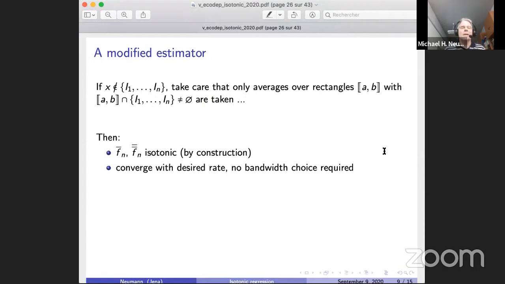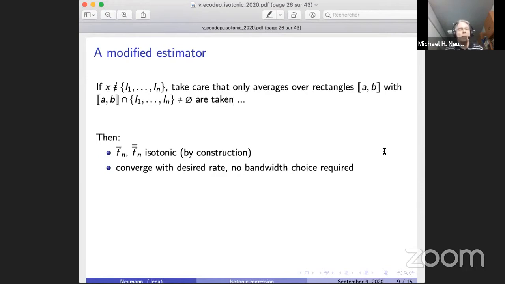Next part. Okay, it turns out that these modified estimators are also isotonic just by construction. And we were actually able to show that these estimators converge with the optimal rate of convergence. And as for the classical isotonic least squares estimator, a bandwidth choice here is not necessary at all because of this min-max or max-min construction.